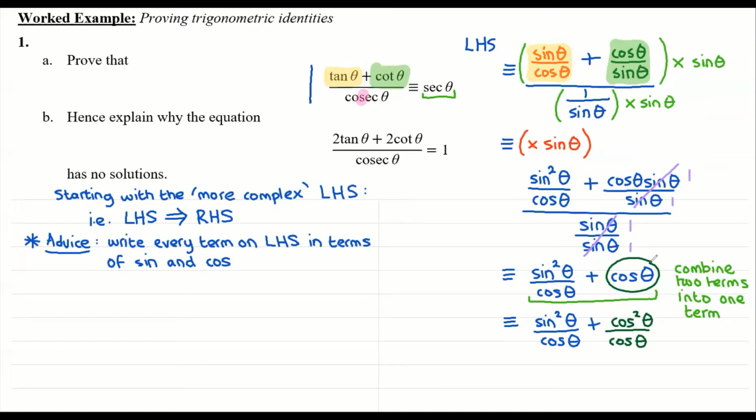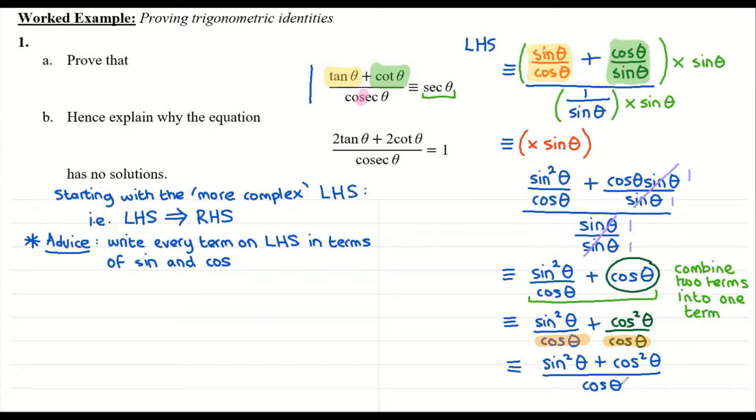Now, we've got the same denominator. Great news. We can now combine both fractions. So we can write this as a single fraction now. So this is going to be identical to sine squared theta plus cos squared theta all over cos theta. Right.